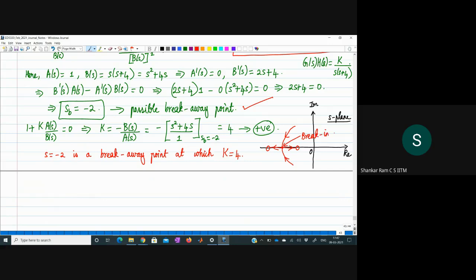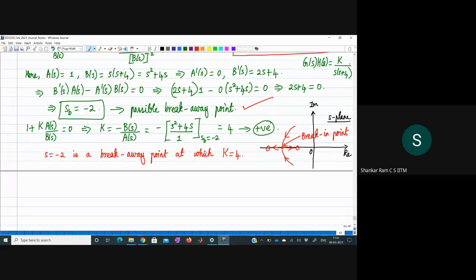I hope now the meaning of the term is clear. A breakaway point means the root locus branches break away from the real axis. A break-in point means the root locus branches break into the axis. So that is the subtle difference, but the step is the same.